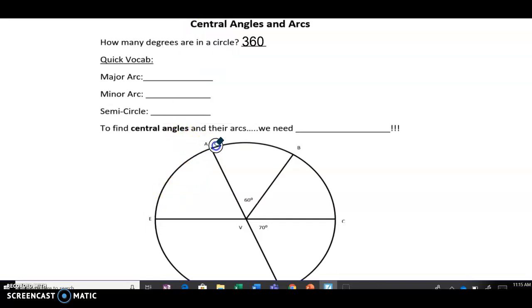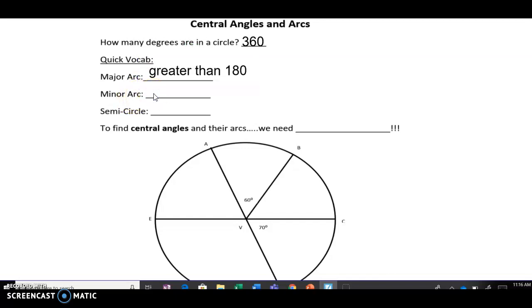A major arc is any arc that is measured greater than 180 degrees, okay?